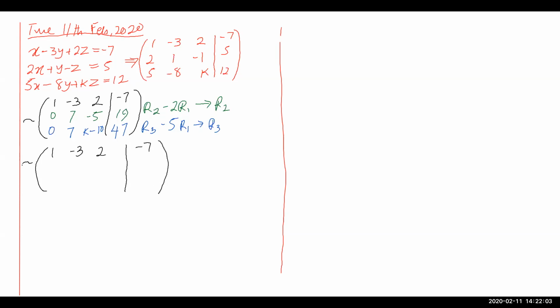Okay, so what happens to row 2 this time? Can it be 1/7 times row 2 will be the new row 2? I agree with you. 1/7 times row 2 is the new row 2.